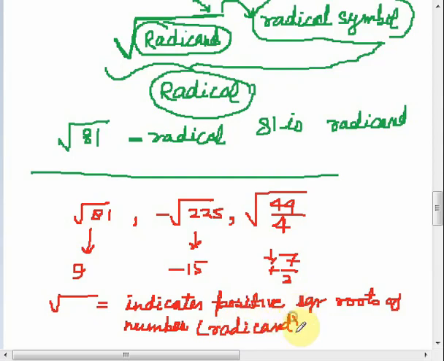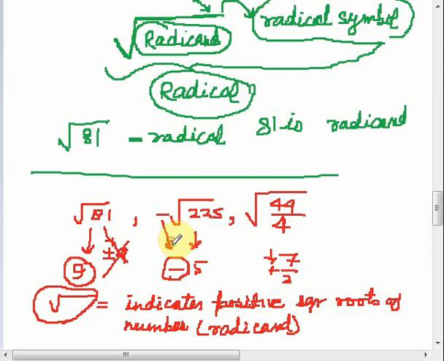I am again repeating, this value is positive. Don't confuse that root 81 will be plus minus 9. No, it is only plus 9. The minus sign comes from outside the radical symbol.